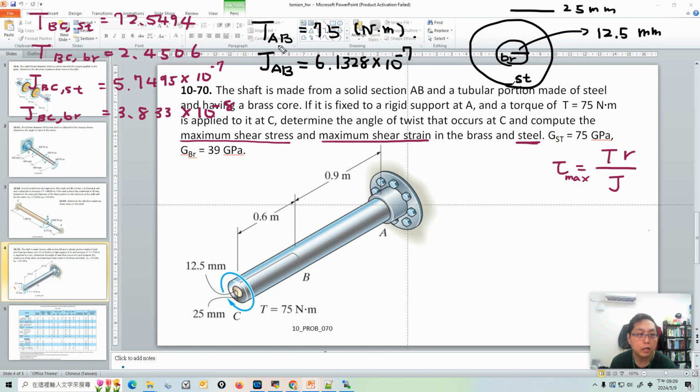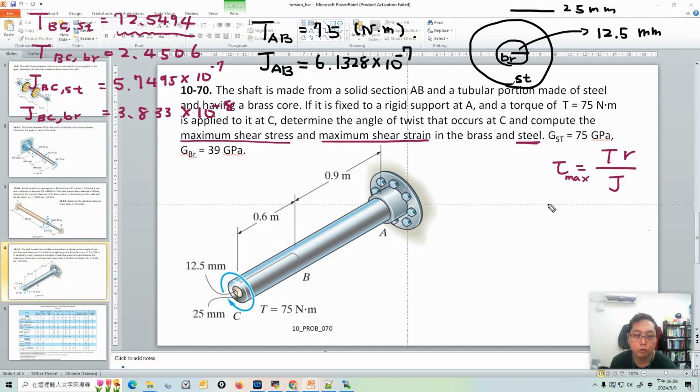The torque T_AB is 75, but in the BC part the steel is only in the coaxial shell, so the torque for the steel in the BC part is only 72.5494.